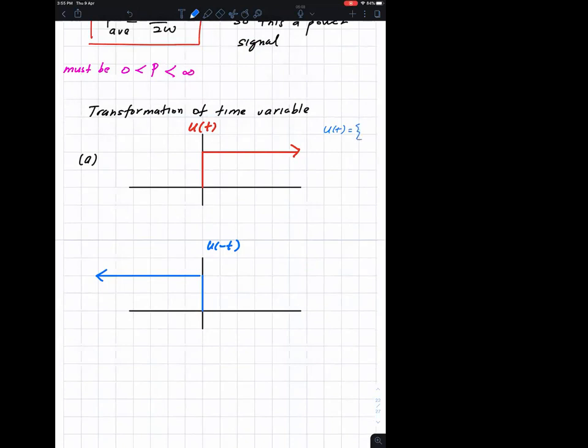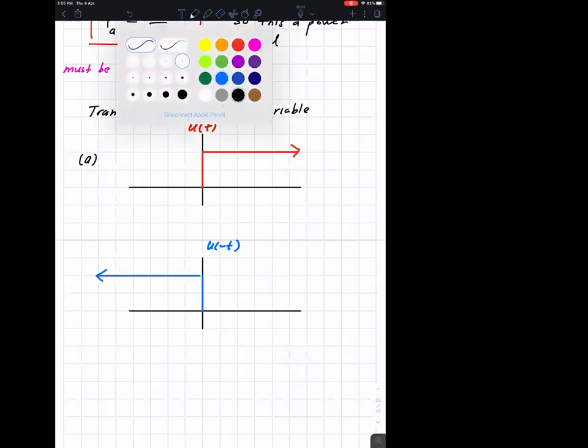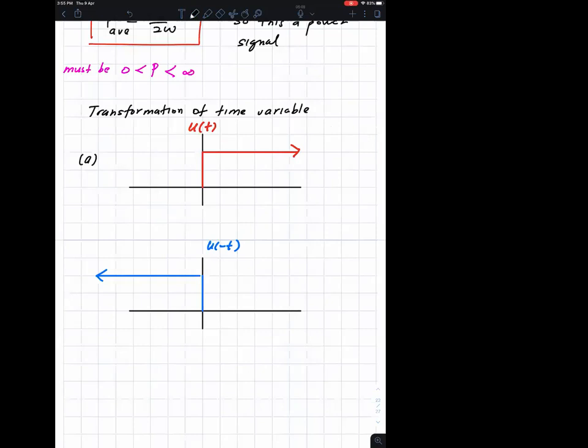Let me write it larger. u of t is equal to 1 for t greater than or equal to 0, but 0 for t less than 0.